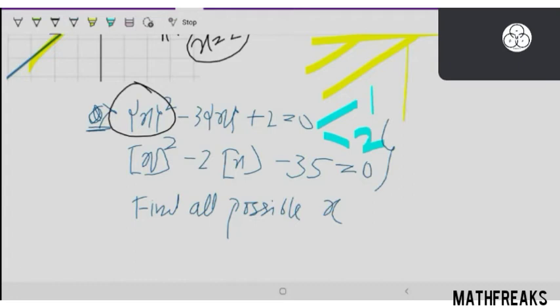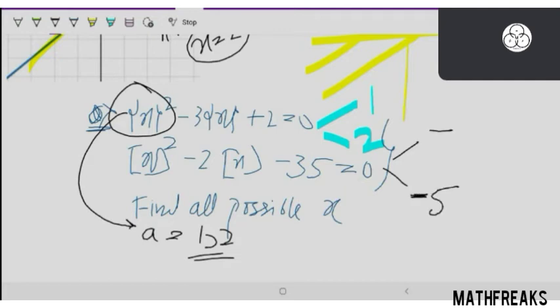Just consider this curly x as a. So solve this equation, you will get two values, 1 and 2. And the other equation has two roots, minus 5 and 7.